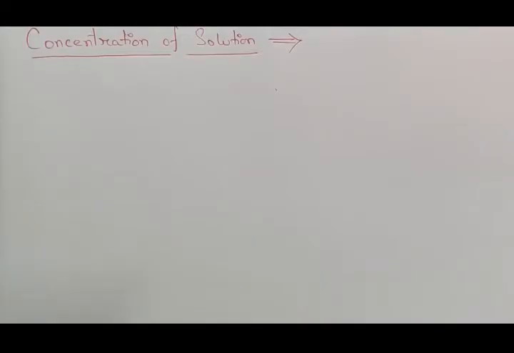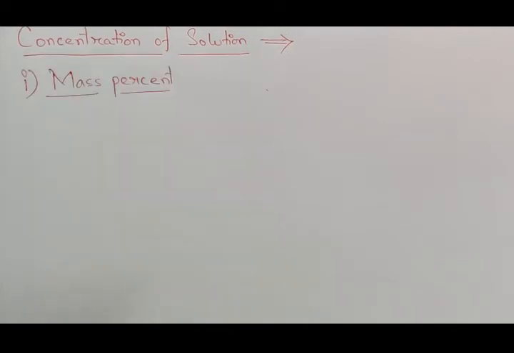So first we will learn how the concentration of the solution is represented in terms of the mass percent. The mass percent is basically considered in the case of the solid in liquid type of solution. That means where the solute is in solid state and the solvent is in liquid state.